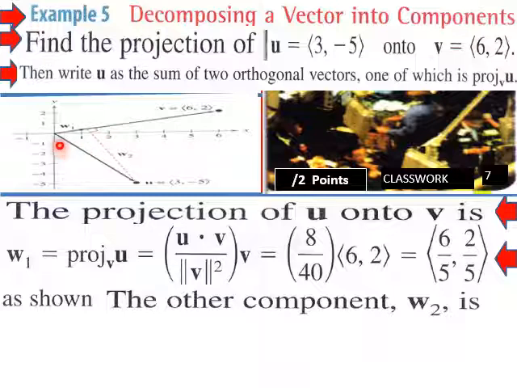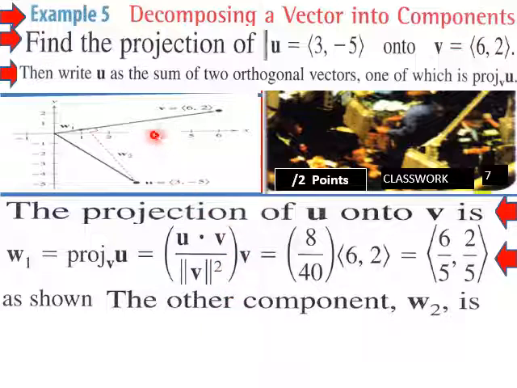W1, by the way, is right here. This would be our W1 up here. W1 equals the projection of U onto V. Projection of U onto V equals U times V over magnitude of V squared multiplied by V, and then we plug in our values here.